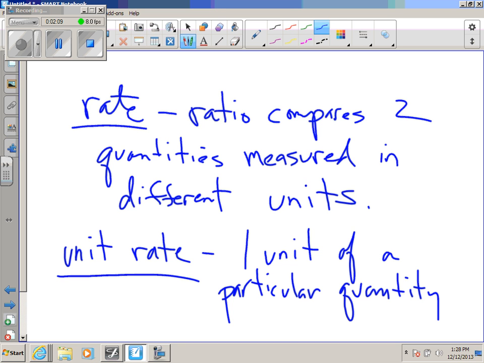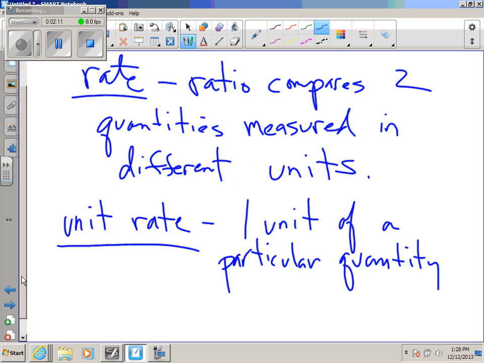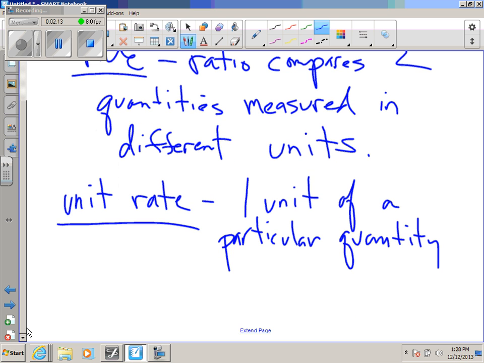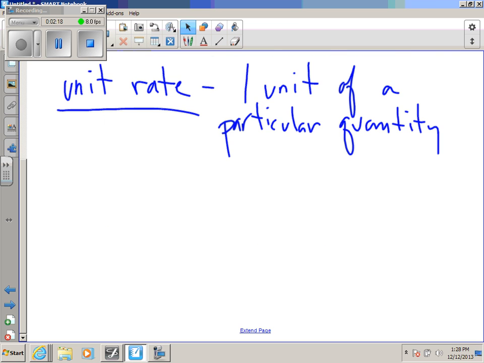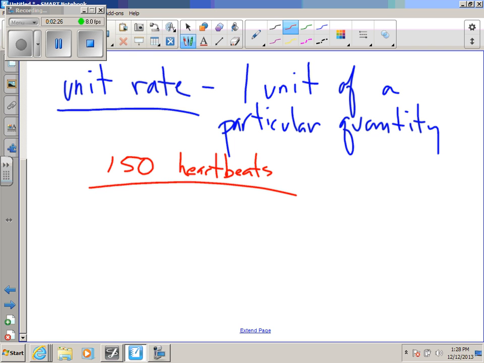We set these rates up as ratios, but primarily in fraction form. For example, if I were to say, like the example says, 150 heartbeats in 2 minutes, what you have there is a rate.